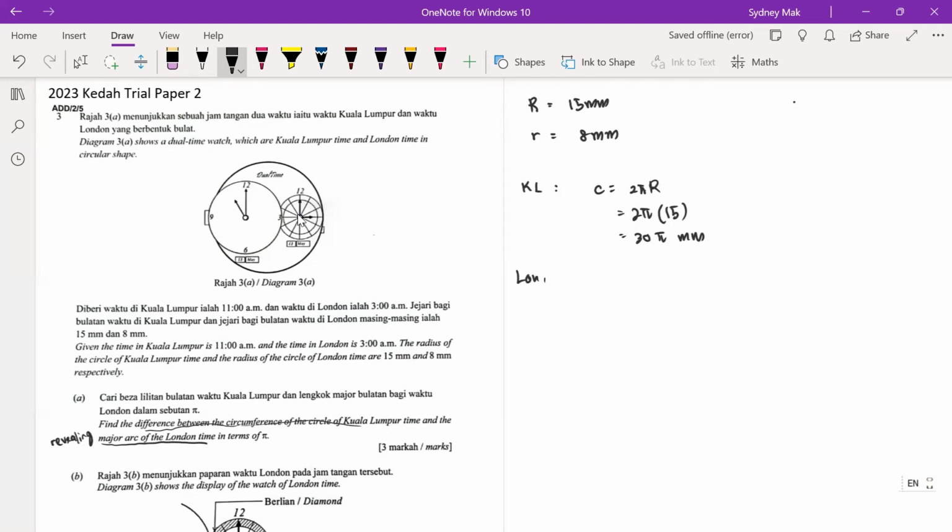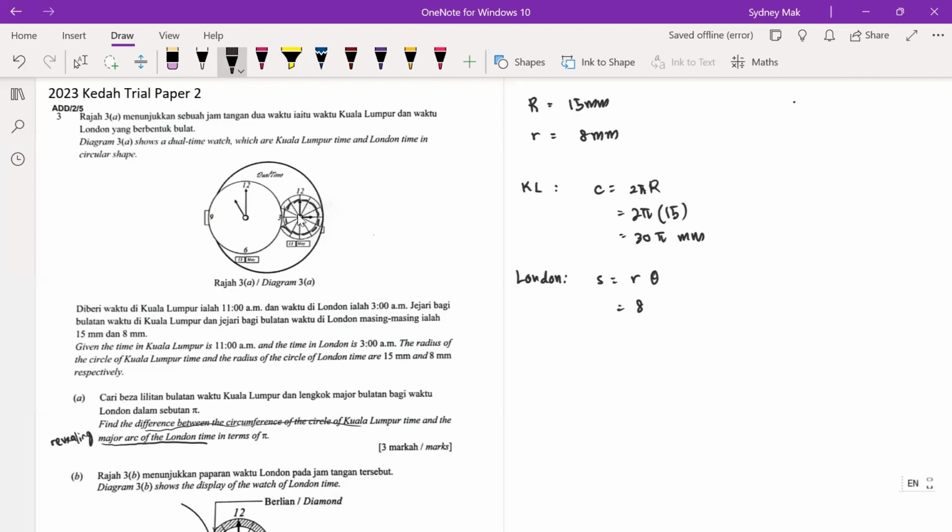So the London time, s equals r theta, small r and theta. Now the small r is 8. What about the theta? Looking at the London time, it is divided into 1, 2, 3, 4, 5, 6, 7, 8, 9, 10 out of 12.